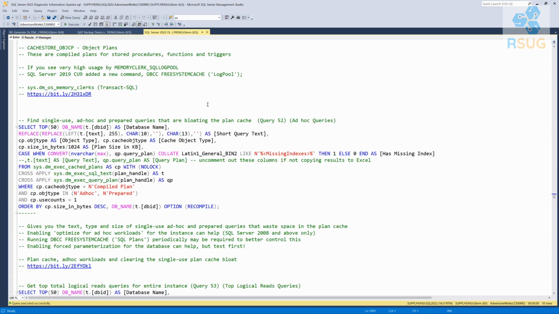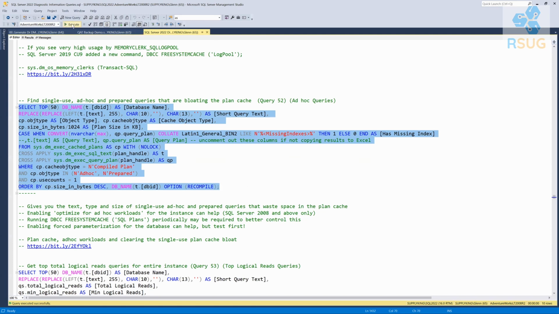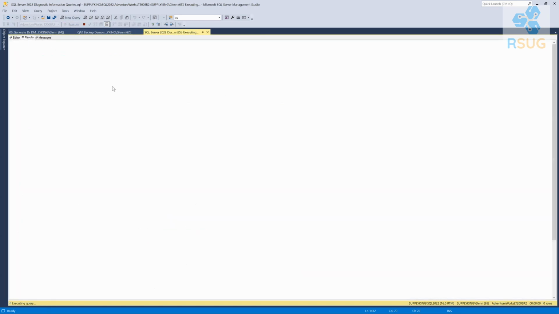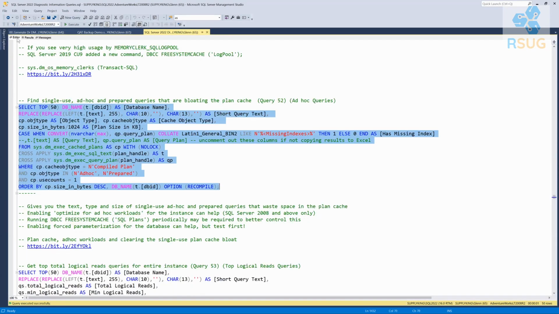All right, so if you did see a lot of things in that particular plan cache, you can run this query to figure out, okay, who's doing it to me? Why is that happening? This shows you all the ad hoc plans that have a use count of 1, so they've just run one time.